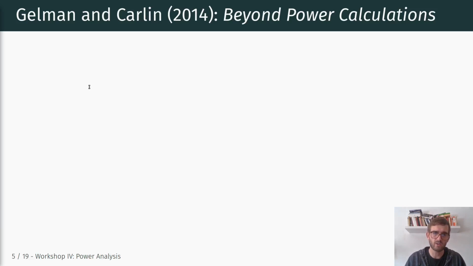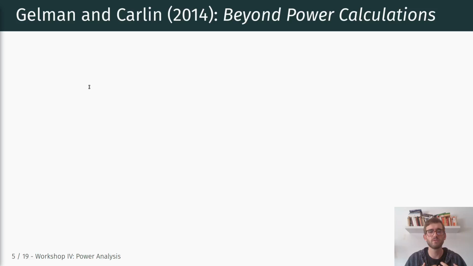Cohen mentions that this is the most difficult task, but he doesn't provide a lot of guidance as to how you can actually integrate effect sizes or results from previous studies in your analysis, right? And one of the arguments that Gelman and Carlin make is that published effect sizes tend to be overestimates of the true effect size, right? Because we have a publication bias, because only significant results are more likely to be published.